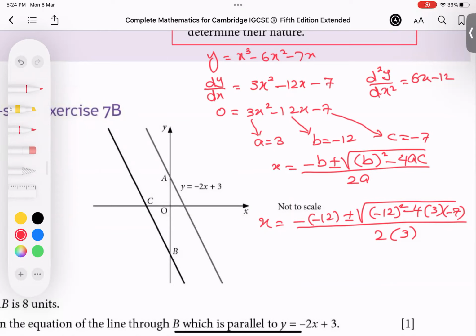What is the method to do it? Because of the O levels pattern, you must write some working. I mean to say this much working is important. You show the working, and then you can go for the next one. What is coming inside here? Some students do shortcuts, and shortcuts will create trouble for you. 144 plus 4 into 3 into 7 is giving us 2 root 57.